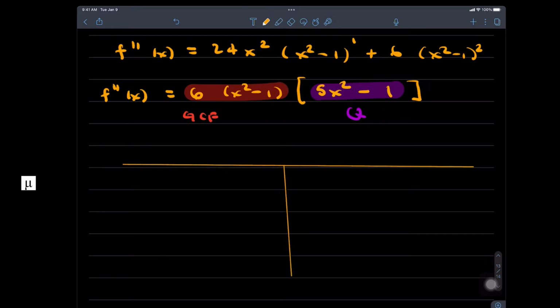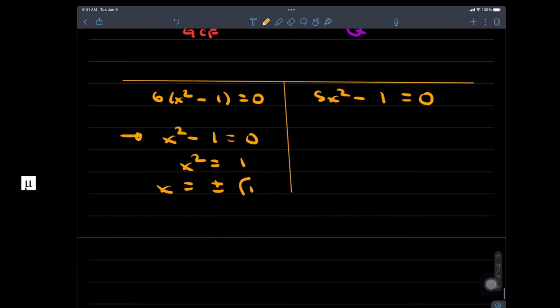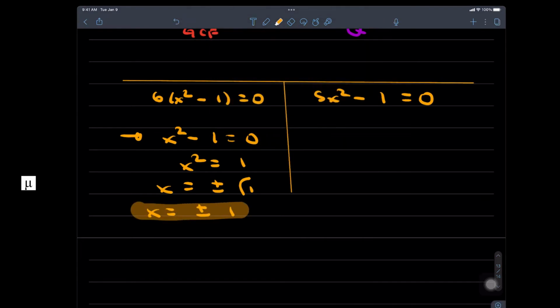So this is kind of why you have to factor this. So this implies you now have what? X squared minus 1 is 0, or x squared is 1. That means x is plus or minus square root of 1, or x will be what? Plus or minus 1. 2 solutions.